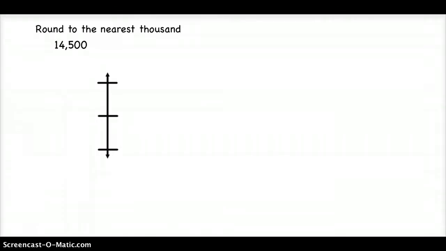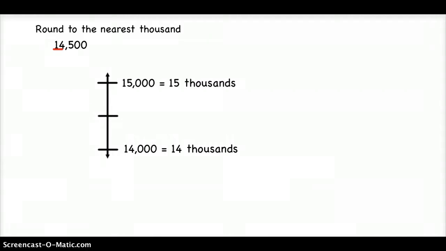Let's take a look at the number 14,500. We'll use the same process to round to the nearest 1,000. First of all, the lowest 1,000 of 14,500 is 14,000. If I add another 1,000 to find what my next 1,000 would be, I see that the next 1,000 is 15,000.